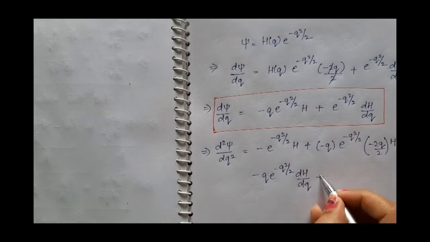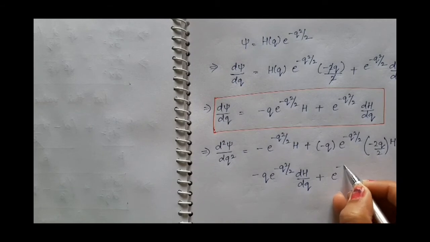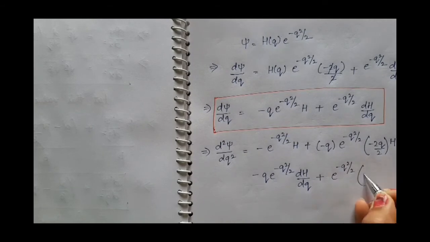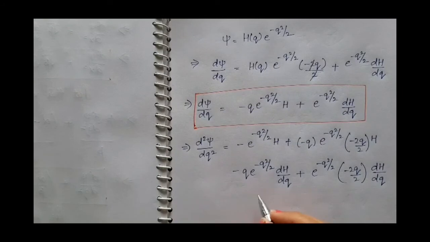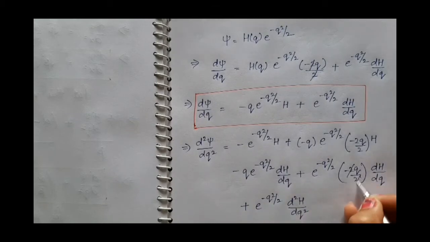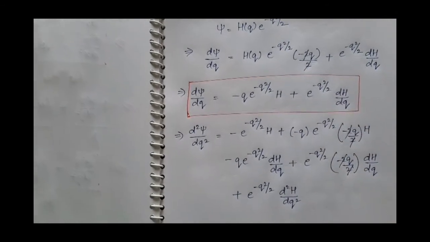Now move to this term, e raised to power minus q square by 2 into minus 2q by 2, at that time dh by dq constant, and second time we will have plus e raised to power minus q square by 2 constant, and at that time d square h by dq square. So this 2 and 2 cancel, 2 and 2 cancel.